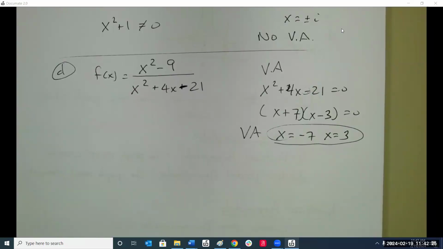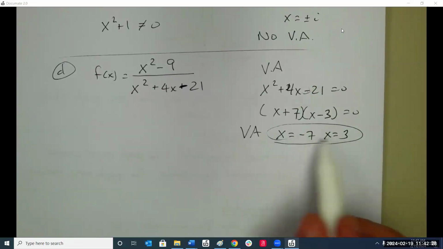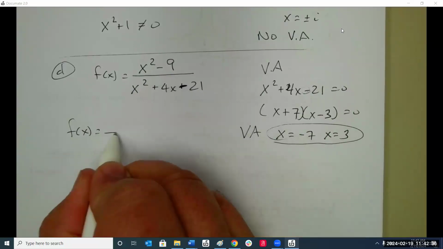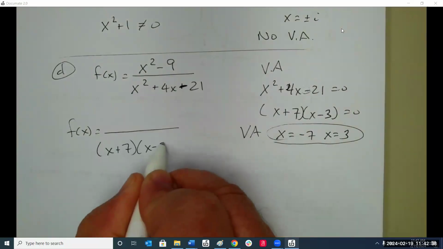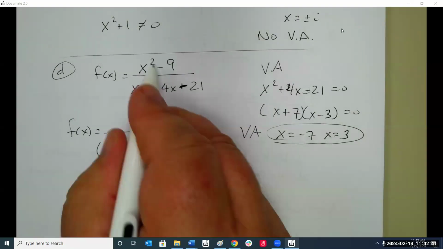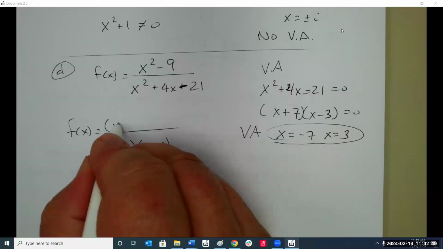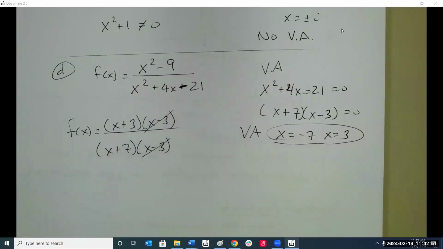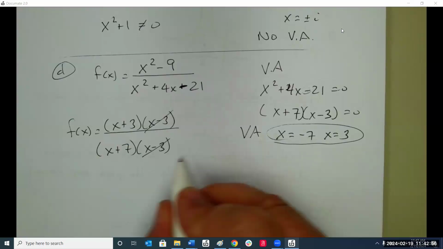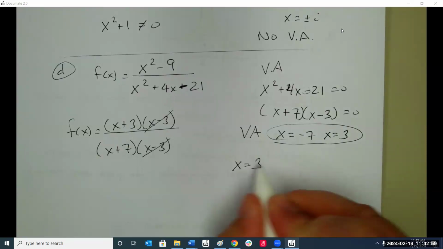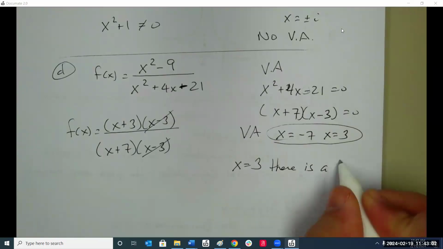Now, but this is not complete because we have a factored form. We know the bottom is x plus 7 and the top, the difference of two squares, is x plus 3, x minus 3. So the x minus 3 is a removable discontinuity. So at x equals 3, there is a hole.